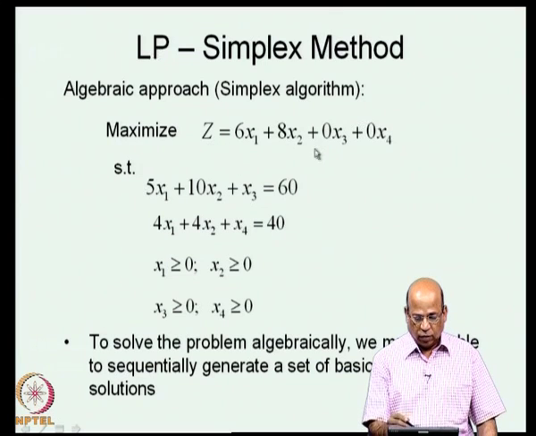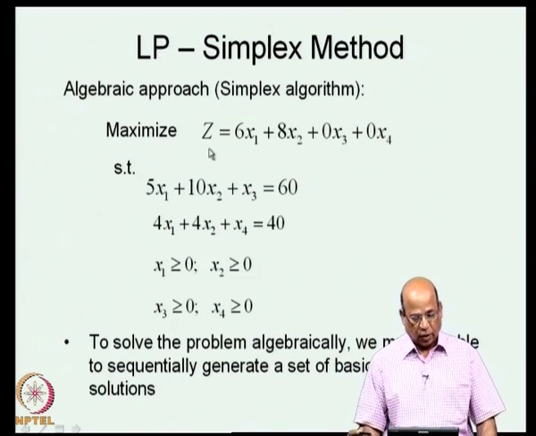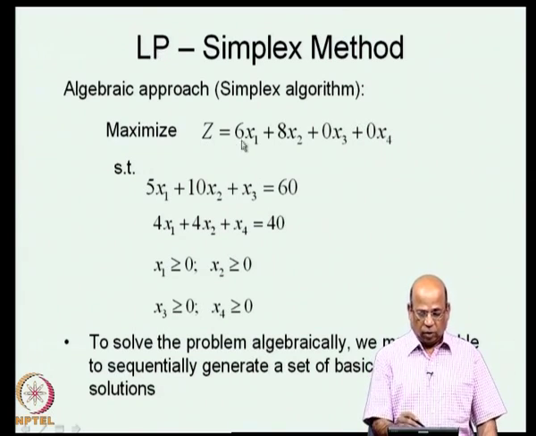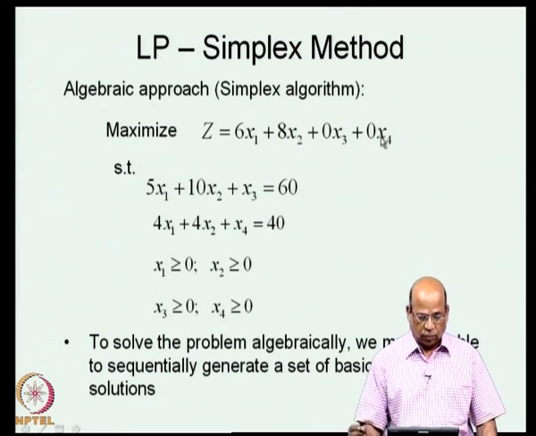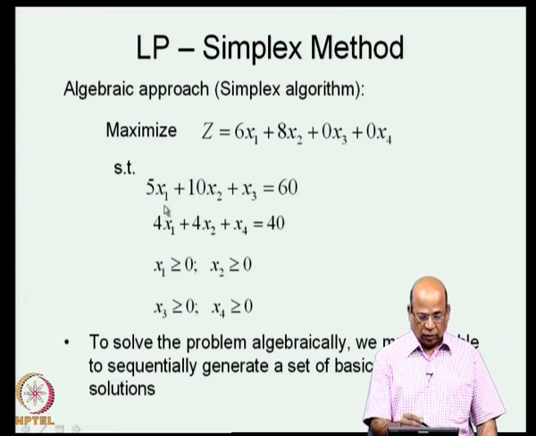We write the objective function with these slack variables having a 0 coefficient. That means, irrespective of the values of x 3 and x 4 in the final solution, your z value should not be affected. So, you write the objective function as maximize z is equal to 6 x 1 plus 8 x 2 plus 0 x 3 plus 0 x 4, and these are the constraints.